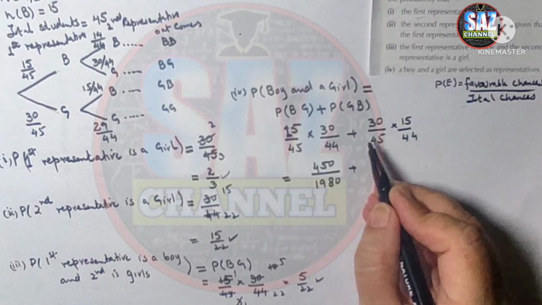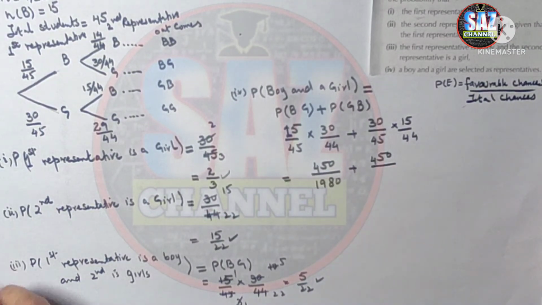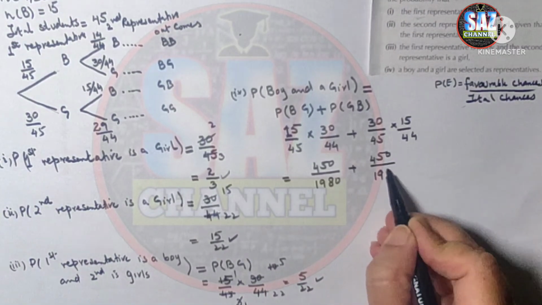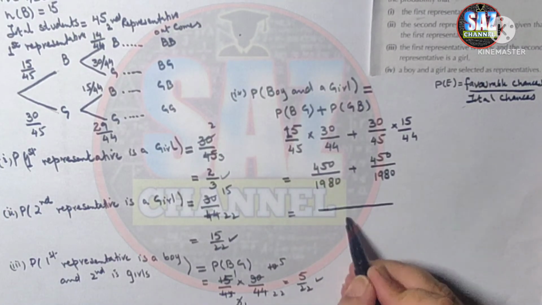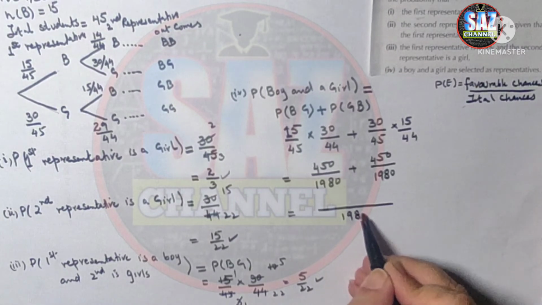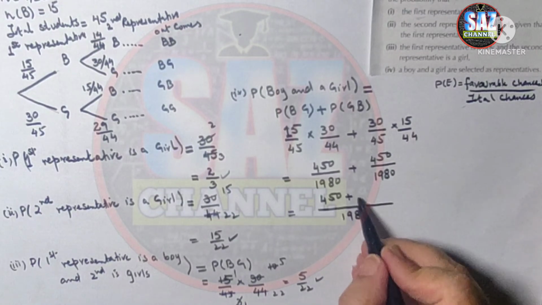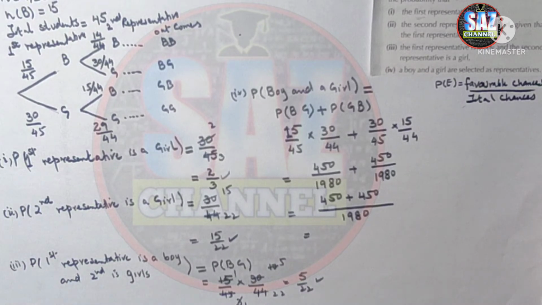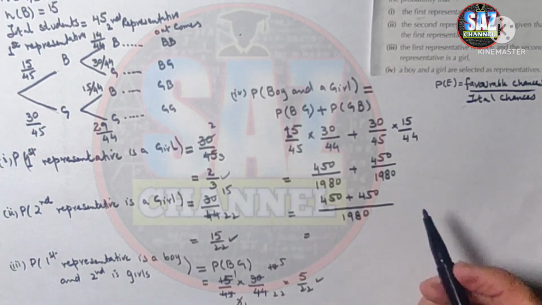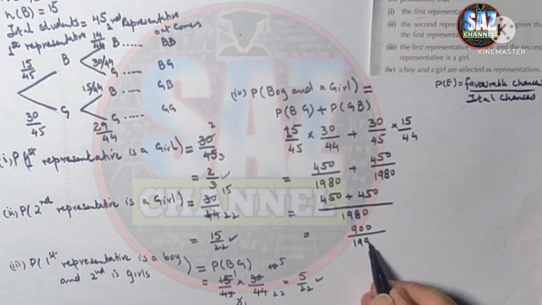Then plus this will again be 450 by, let me confirm once again, 45 multiplied by 44 is 1980. Now the denominator is the same, so what can we do, students? We can take the LCM: 1980, and 450 plus 450 is 900 upon 1980.